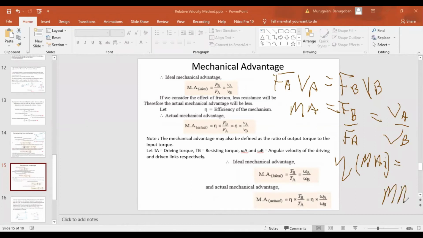I can write it as mechanical advantage A, that is actual. So when you put it in the equation also, we will have an eta here, we will have an eta here, right? Eta is the efficiency.